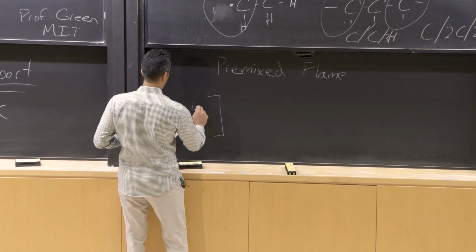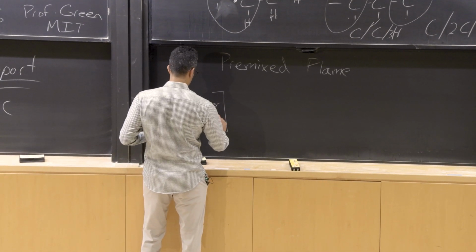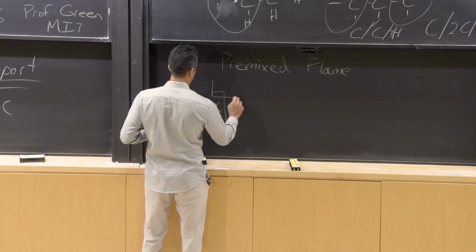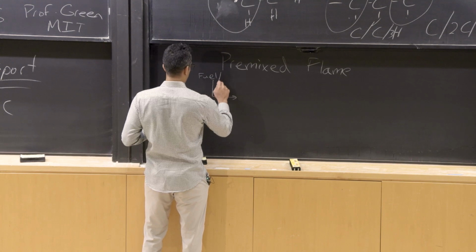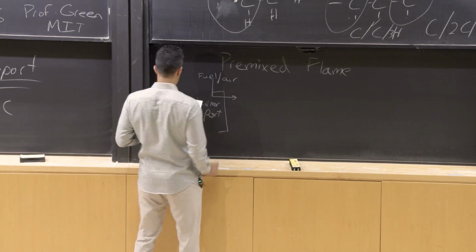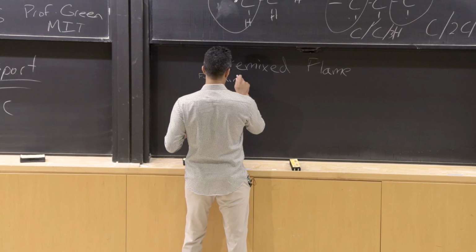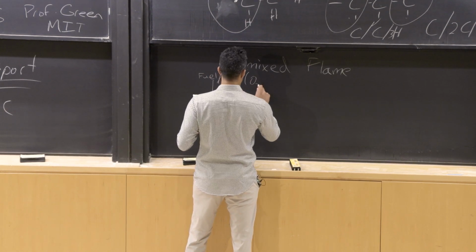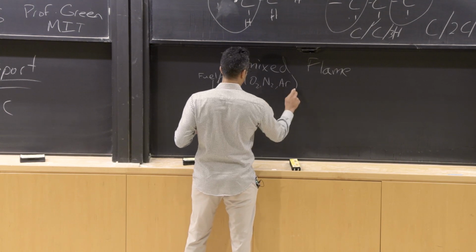So this is your burner port. And inside this burner, you're feeding in fuel, air, and this air could be some oxidizer, nitrogen, argon, could be different things, yeah?